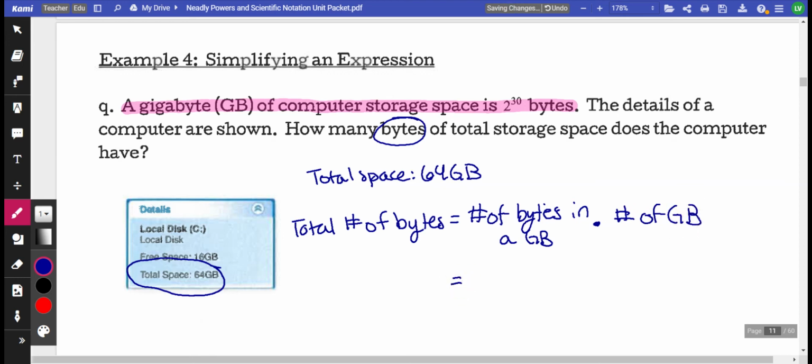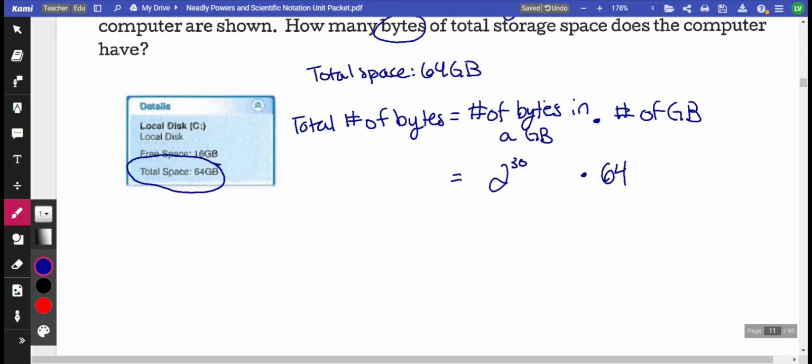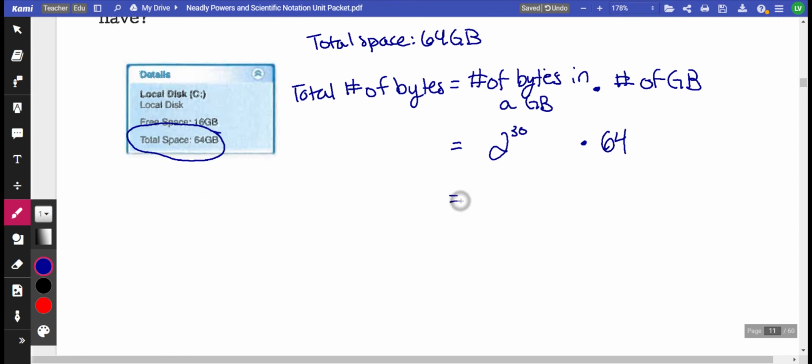So let's start with the number of bytes in a gigabyte. Well, that's 2 to the 30th power. And we're multiplying by the number of gigabytes. Well, there are a total of 64 gigabytes.